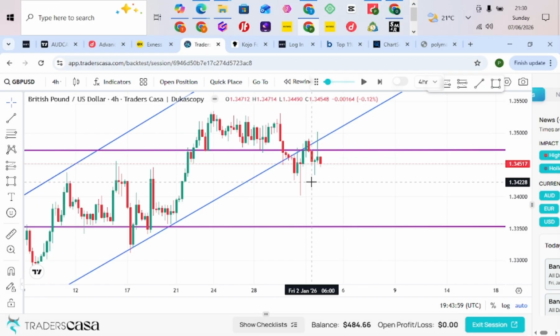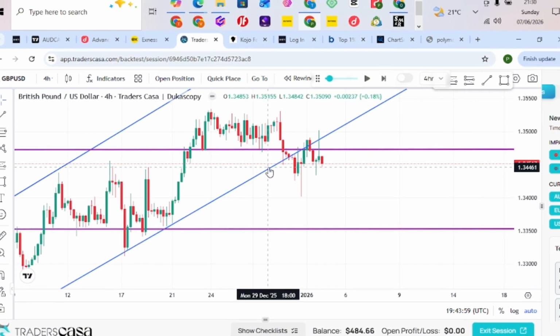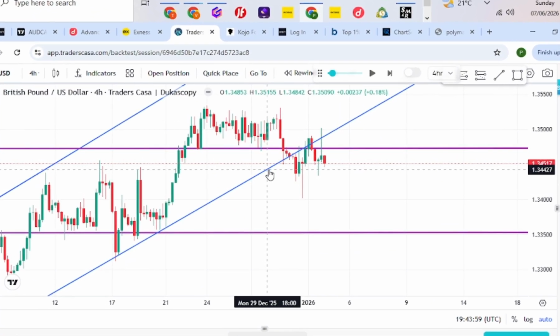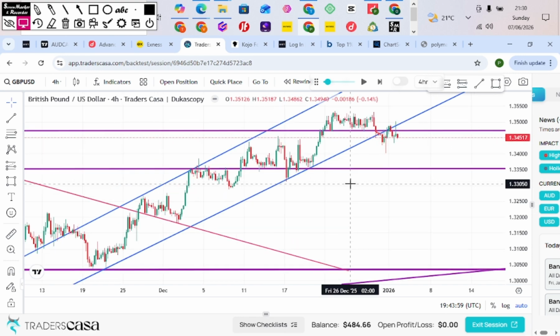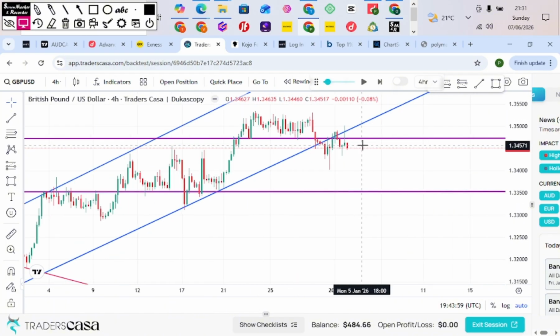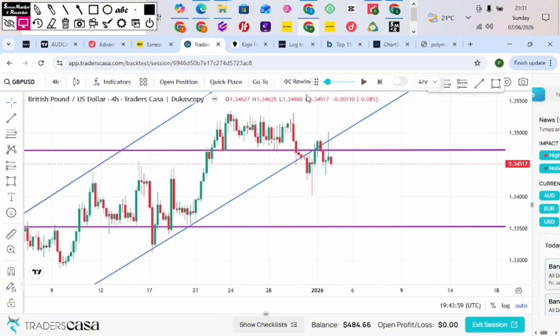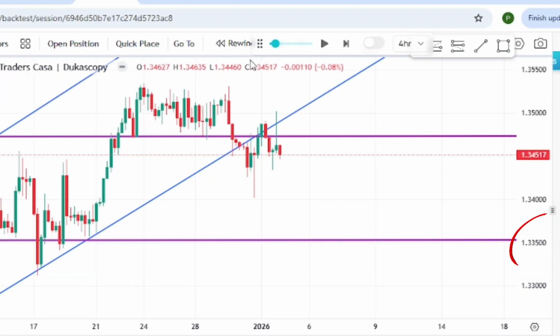Now, you can see that the trade has broken below this particular trend. It has given us a shooting star. The next thing to do is to place our sell position. Okay, but because of time, let us assume we already placed a sell position here and see if the price is going down to 1.33500.